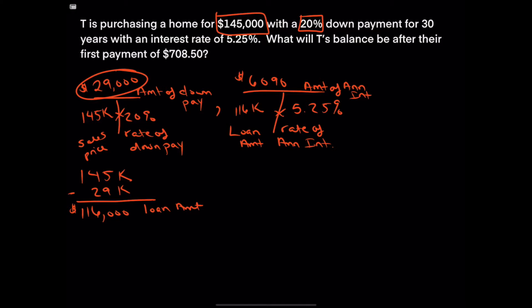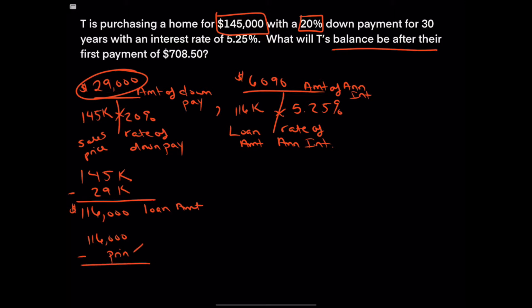What we're looking for is the balance after their first payment. So we know that the original balance to the loan is $116,000, and from that we're going to make a principal payment.